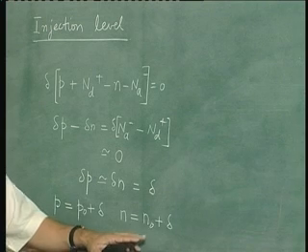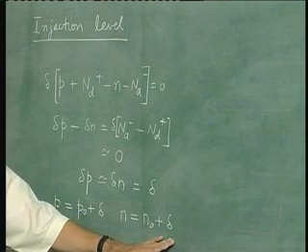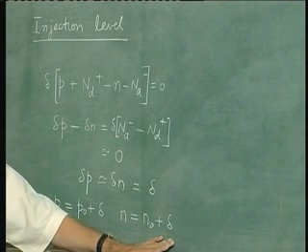Now how do you classify the disturbance from equilibrium because of excess carriers?